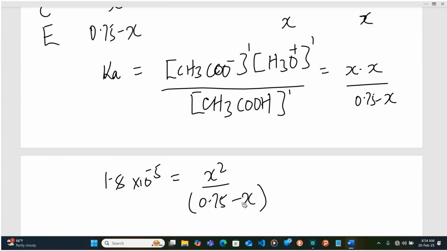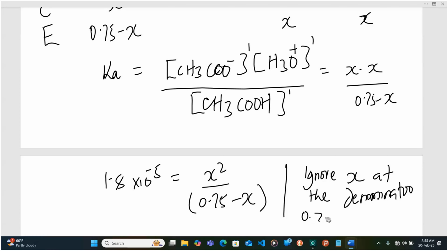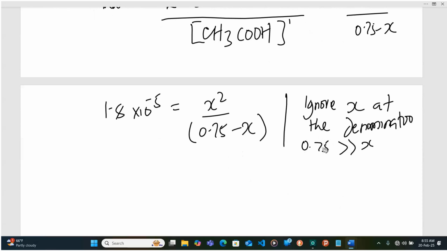But since this is a very weak acid, its Ka value is very small, 1.8 times 10 to the power negative 5, meaning that this X is also going to be very small. So ignore it, it is small compared to 0.75 because 0.75 is much greater than this X. But you can also leave it there and do your calculation and you'll tell me what you'll get.